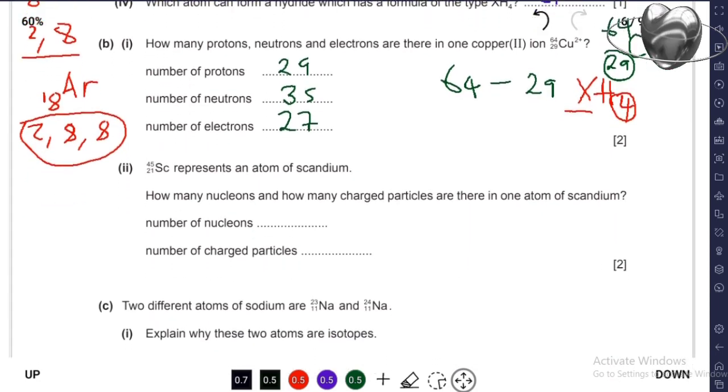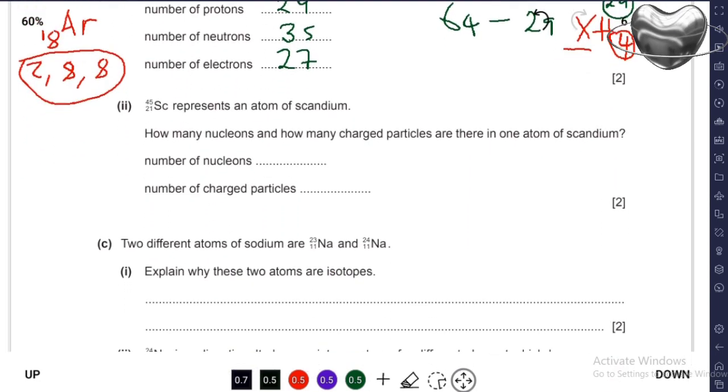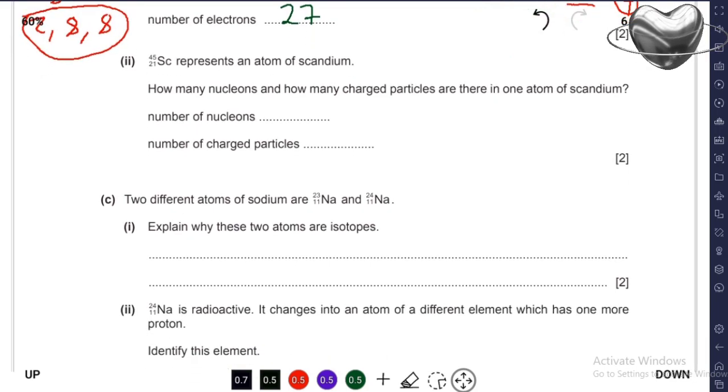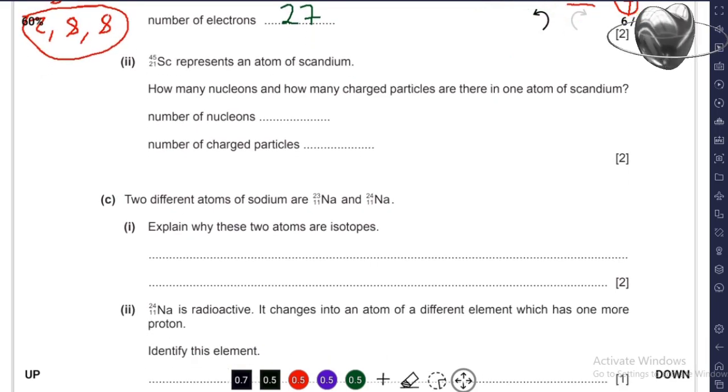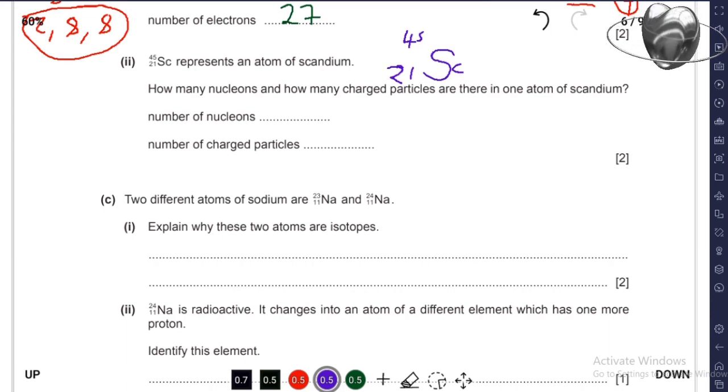We can now look at number 2. The nuclide notation of scandium, which is Sc 45 and 21, represents an atom of scandium.